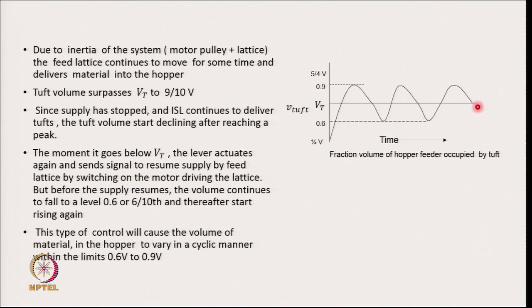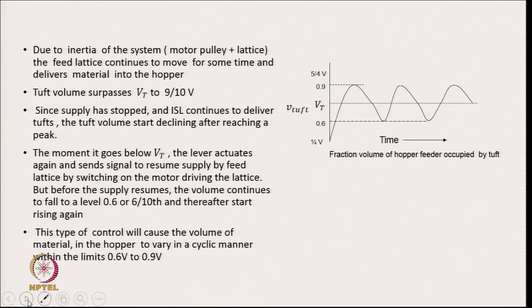Even though the target is Vt, sometimes it will overshoot Vt and sometimes be a little less than Vt, and this kind of movement or change in the volume of material within the bin will be there. So, it will never be exactly Vt, that is the 3/4 V that we want, but sometimes a little more, sometimes a little less. That is how it is going to be.